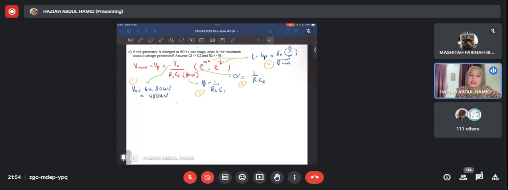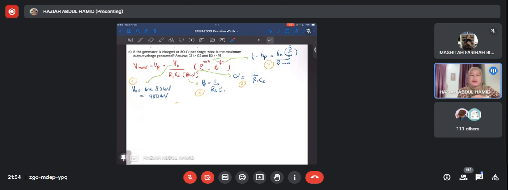Okay, TP ni kamu boleh dapatkan daripada equation ni. Masuklah form value ni, beta and alpha, beta minus alpha, ambil ln di atas, tekan calculator tu ln beta per alpha dibahagikan beta minus alpha, dapat T, which is your TP. TP yang you dapat ni lah you ganti dalam formula ni.